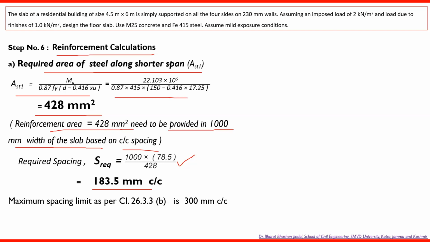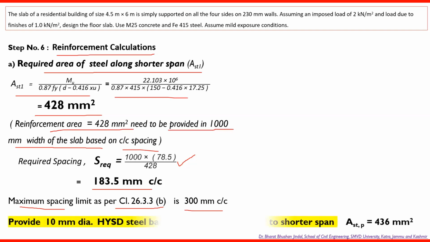When you refer to clause 26.3.3 part B, which gives the guideline restricting the maximum spacing limit, it comes out to be 300 millimeter center to center. So that means we can provide 10 mm dia high strength steel bar at a center to center spacing of 180 millimeter, parallel to the shorter span.